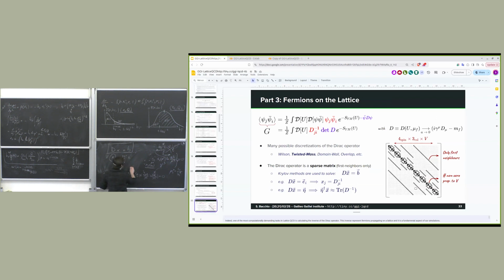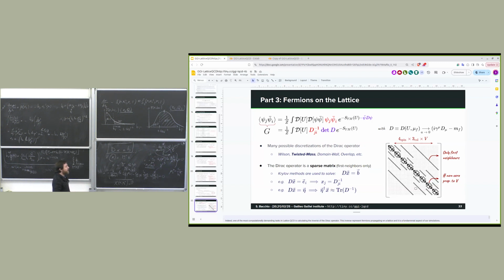So if you put your b to be a unit vector centered at x, then the x that solves Dx equals b represents all the propagation of the quark from the point x to any point y, because it's a column of the inverse. If you place a unit vector in a position, then we can propagate it to any point.